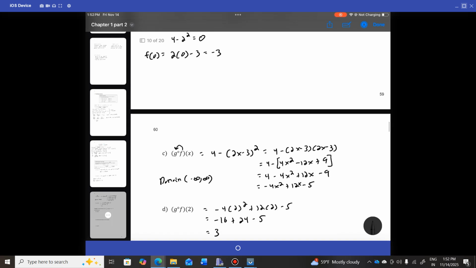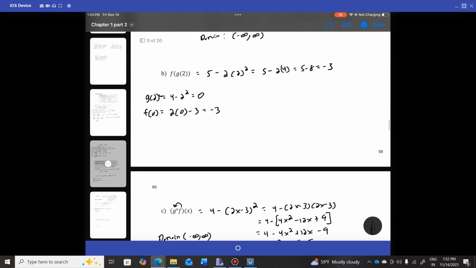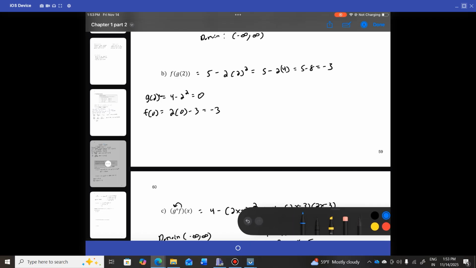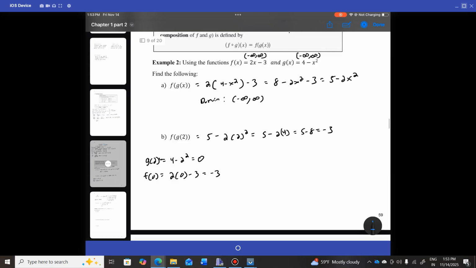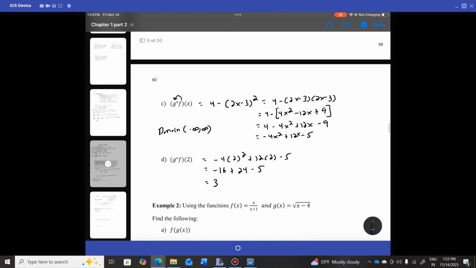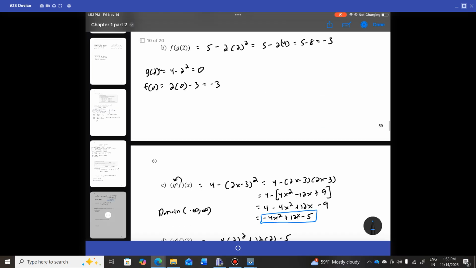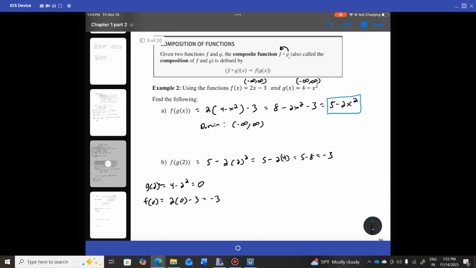Notice that the functions we get when we do f composite with g and g composite with f of the same two functions are different. 5 minus 2x squared is not the same as negative 4x squared plus 12x minus 5. So which function goes into which is very important.